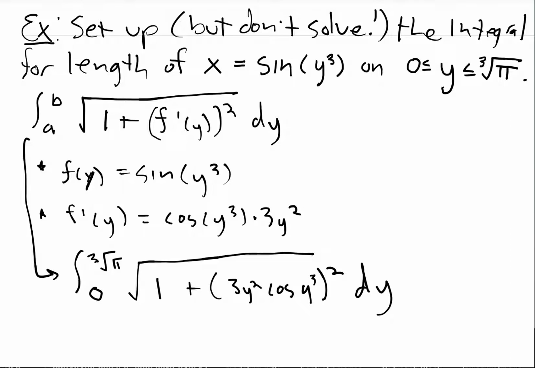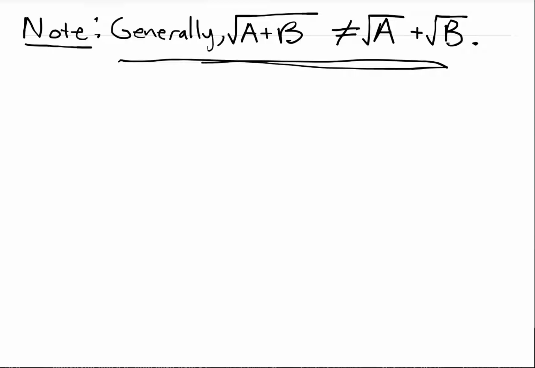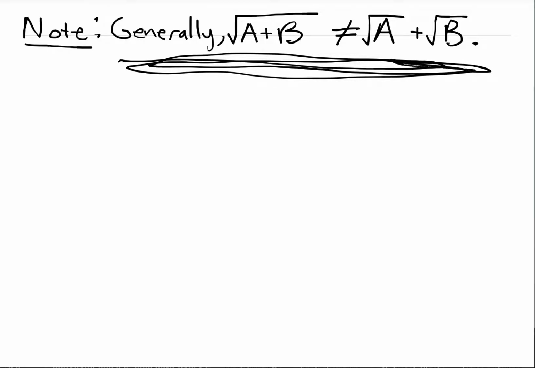I will leave you with a final note before we jump to this quiz that I promised. Again, I have said before, root a plus b is not root a plus root b. This is why we're doing u-sub. This is why we're doing those crazy simplifications. This is why I was really testing y'all on algebra on those last couple examples. We cannot break this down in this manner.